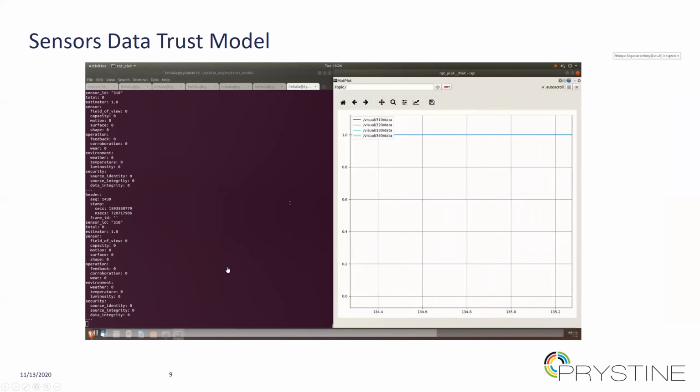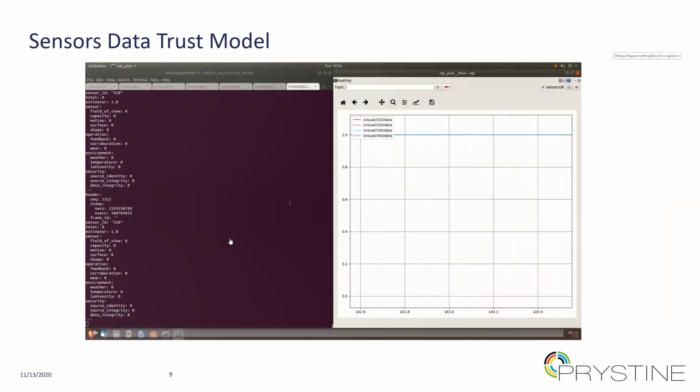And on the left, a real-time breakdown of parameter categories is evaluated, including sensor-specific factors, as well as operational, environmental, and security-related parameters. The trust model is implemented in Python using the ROS environment.